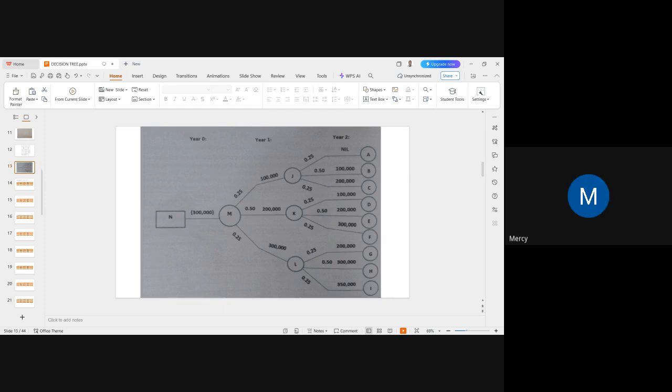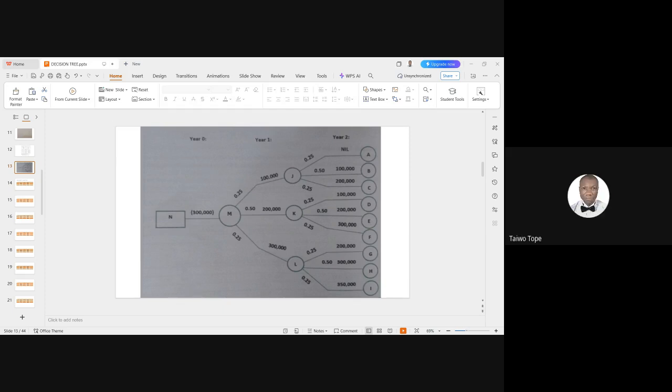Yes, sir. Then for I, it will be what? 261,800 multiplied by 0.25. 65,450.